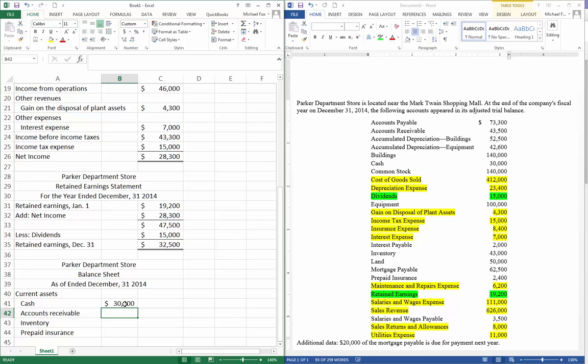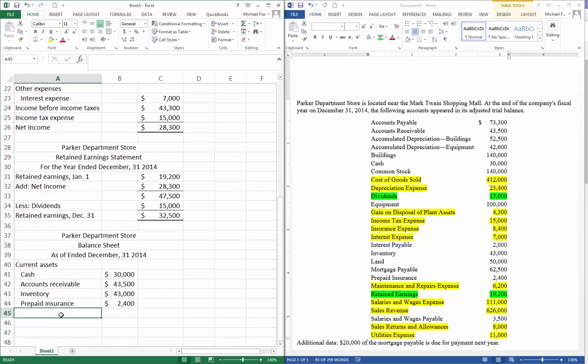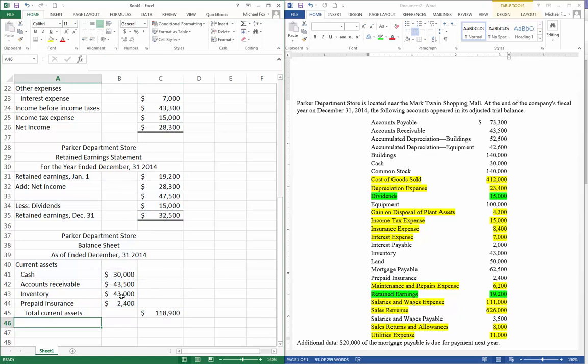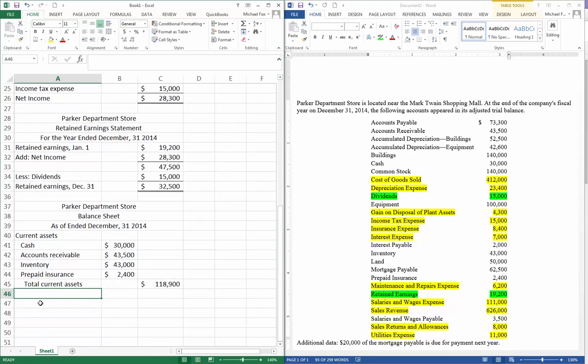Our accounts receivable, 43.5. Our inventory, 43,000. And our prepaid insurance, 2,400. Total current assets, $118,900.